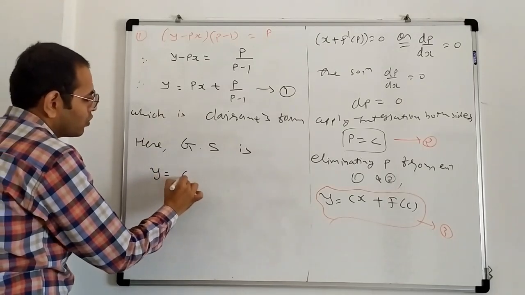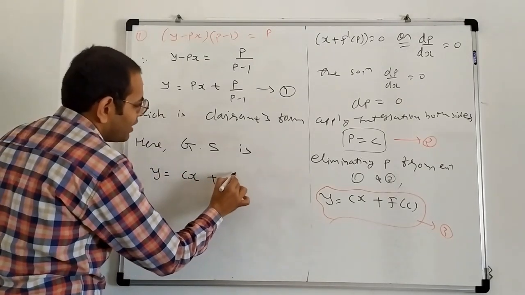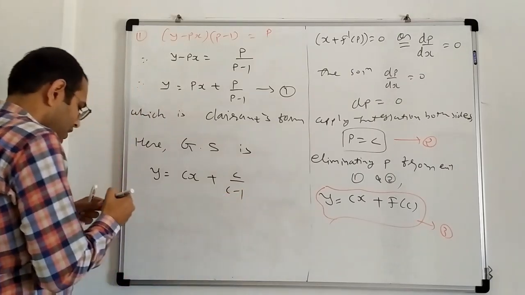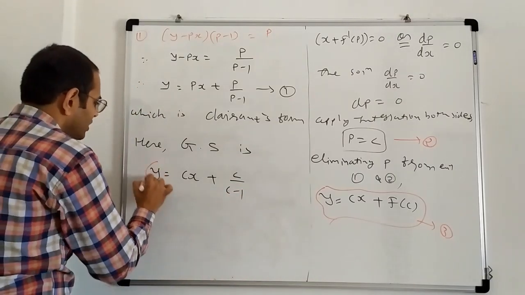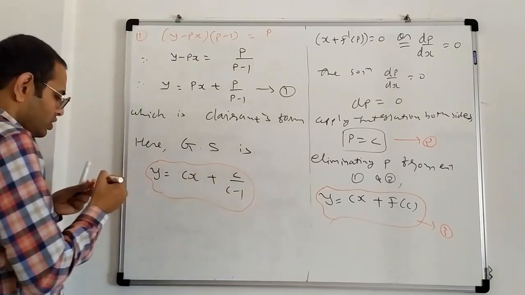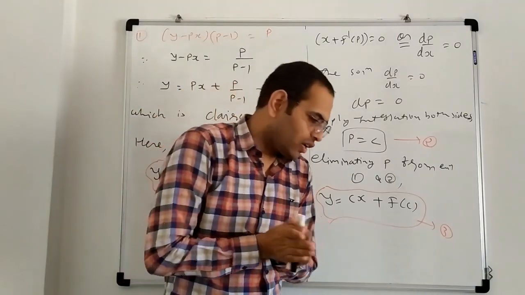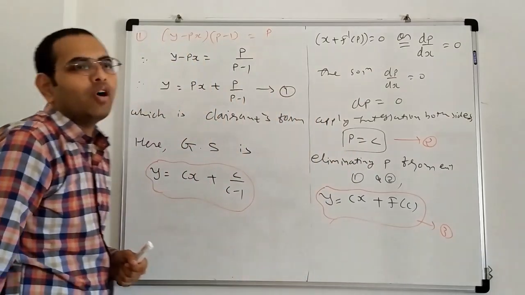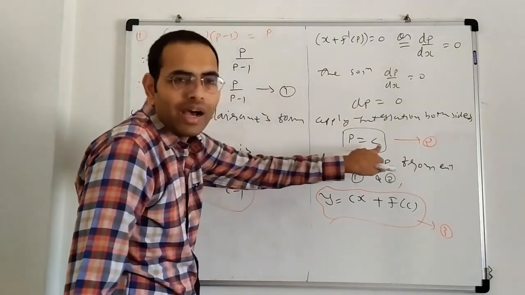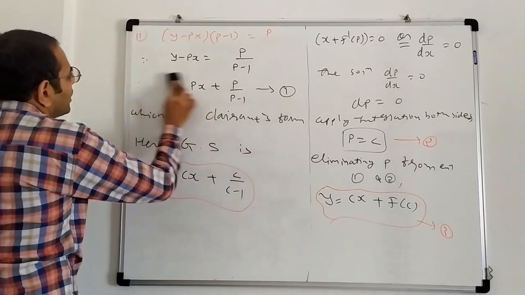Then y equal to Cx plus C upon C minus 1. That is our general solution. The solution of Clairaut equation is obtained on replacing p by c. Another example.